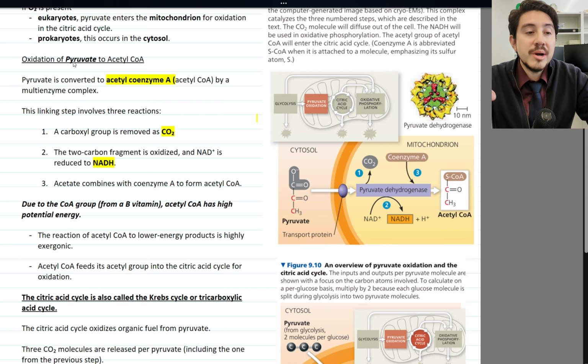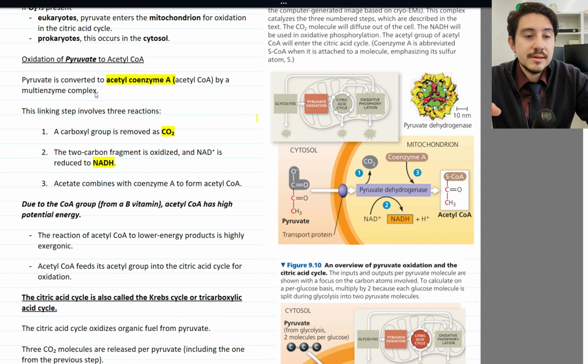So, oxidation of pyruvate to acetyl-CoA. Before going into the Krebs cycle, this is another phase in which glucose is being broken down further. More specifically, pyruvate is going to be broken down further.